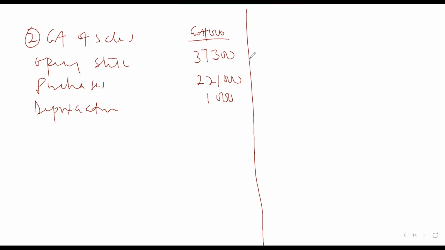So from 1st October 2017 to 31st March, how many months is that? 6 months. A piece of plant was purchased at a cost of 12 million. This replaced another piece of plant which had cost 8 million some years ago and was fully depreciated prior to 31st March 2017.